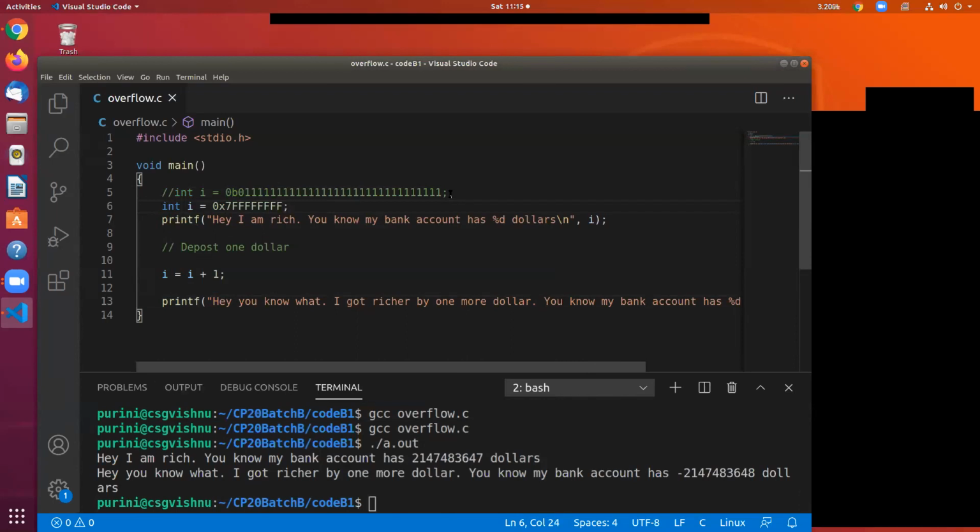How many f's should I have here, so that this is equivalent to this? There are 8 f's, so I need to have 7 f's. 4 f's. Okay. So now you can clearly see it's very, very easy to encode the particular bit pattern that we want on line number 6 using hexadecimal format.